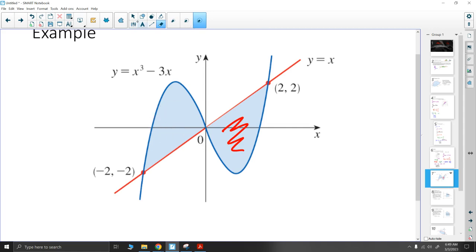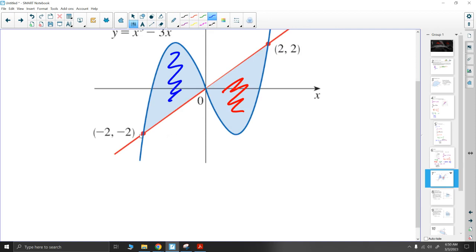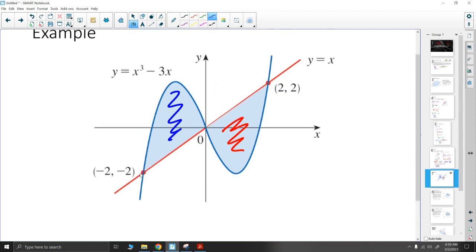So what we need to do with something like this is break it up into two integrals, okay? Because if we just were to integrate from -2 to 2, treating this one as the upper, we'd end up with a 0 because it would be positive here and negative here. And we want to know the area.